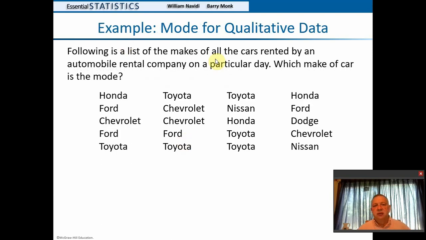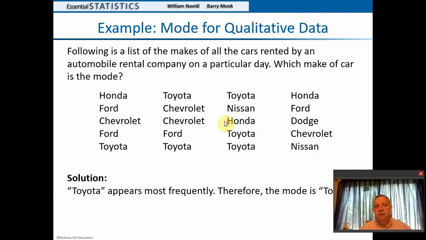So following is a list of the makers of all the cars rented by an automobile rental company on a particular day. Which make of a car is the mode? We need to put it down, get this thing sorted, and start counting out which one's Ford, Honda. Let's see how many do I see? 2, 3 Hondas, and then I go through the Fords, and then I would count them all up, and then determine which one was the most popular, or which one was rented on a particular day, which one was most.